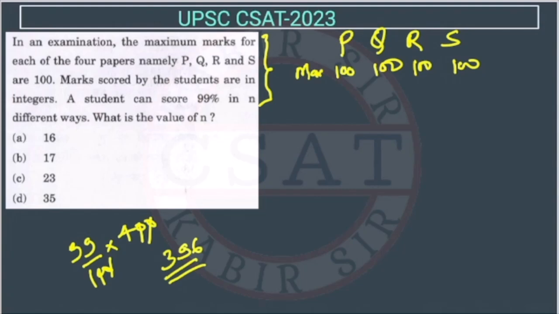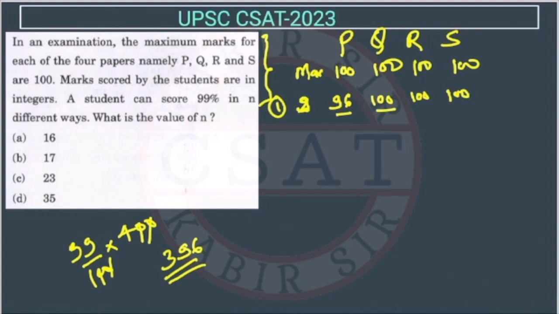So now how can he get it? The first option: suppose in paper P he is getting 96 marks and in the others he is getting 100, right? So the total is becoming 396. This is one possibility, and then these can also change. It may be possible that in Q he is getting 96 marks, or in paper R, or in paper S he is getting 96, right?